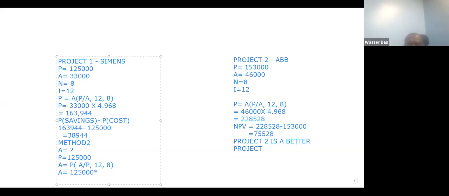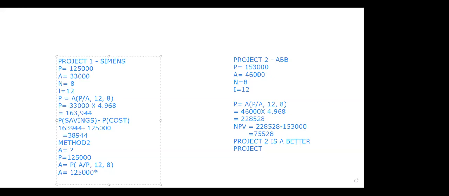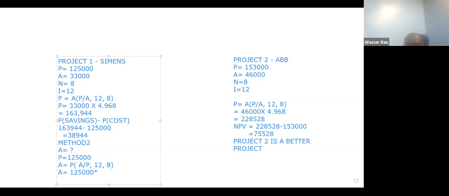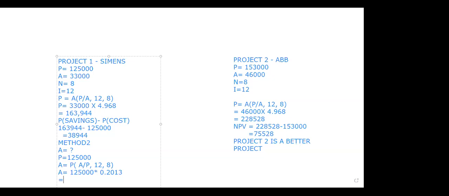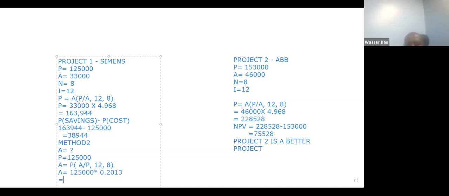So I will now come here. Okay, 0.2013. I'm using the capital recovery method now, just to show you that we do the same thing. 0.2013 multiplied by 125,000 is giving me 25,163.